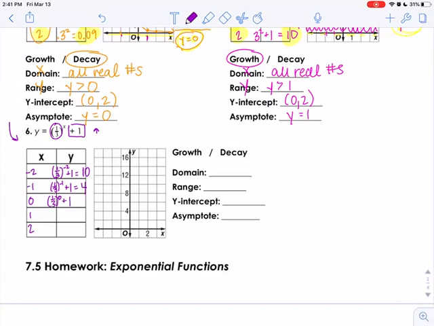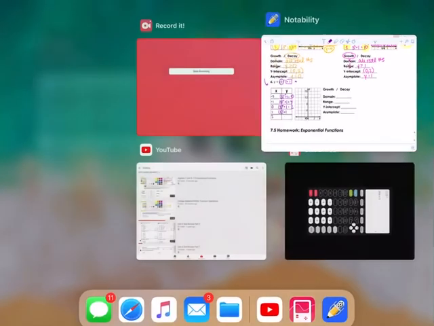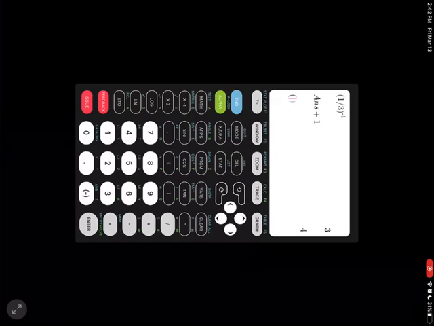Then I have 1/3 raised to the 0 plus 1. Anything to the 0 is 1. 1 plus 1 is 2. And then I have 1/3 to the 1 plus 1. So 1/3 to the first power is itself, and then plus 1, I think I'm going to have 1.3.